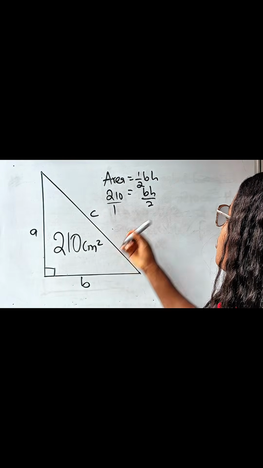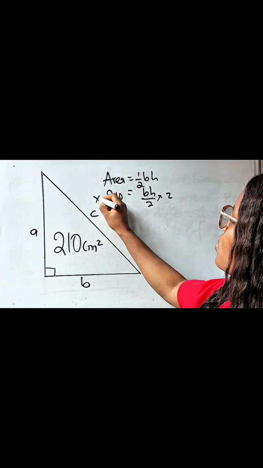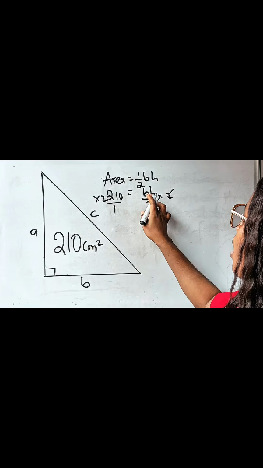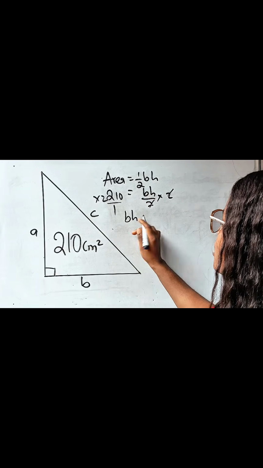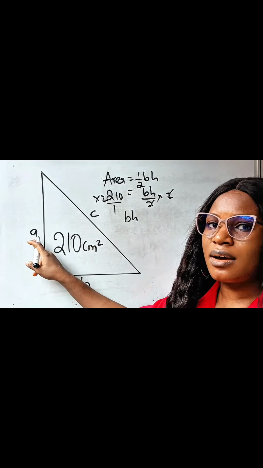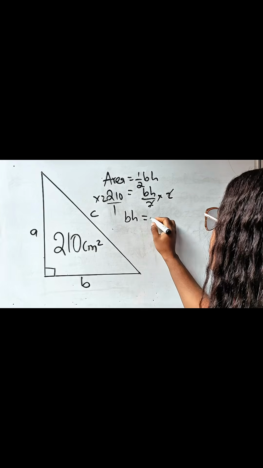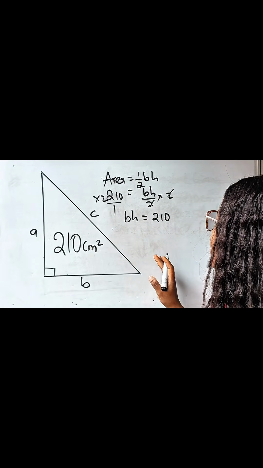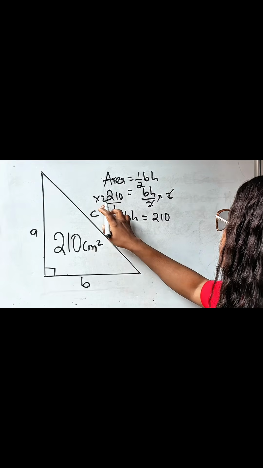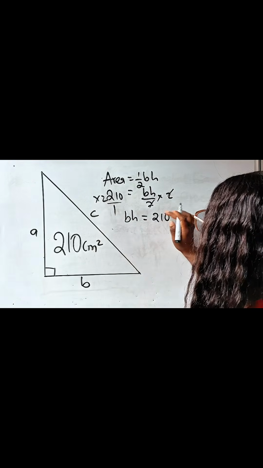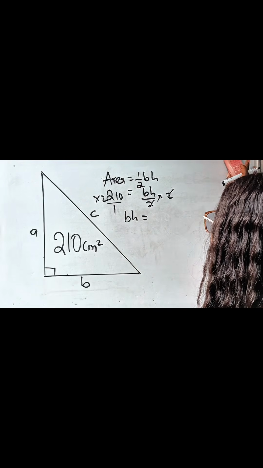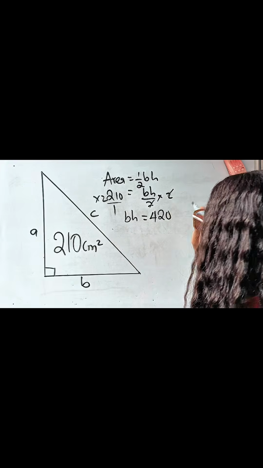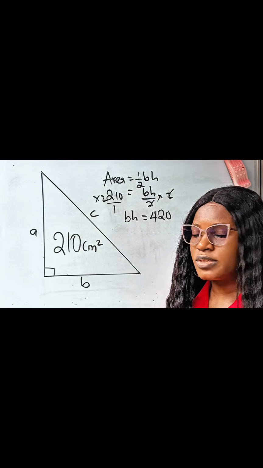But you can actually multiply both sides by 2. This and this go, and we have that BH, which is the base times the height, will give us 420, because we are multiplying 210 by 2. Now I want you to note something.